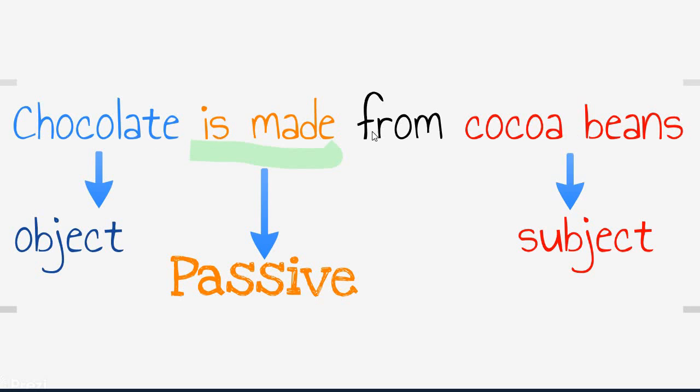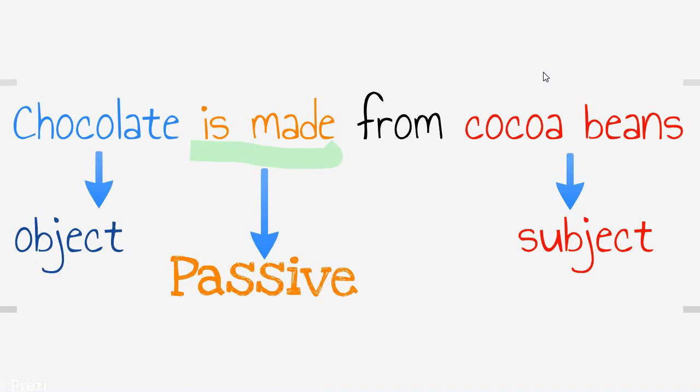Chocolate is made from cocoa beans. So my object came at the beginning. The verb that was in the present is changed. How? I added verb to be, is, and then I added the verb in the past participle. Make, made, made. Then I added the preposition from, and then I added the subject. This is what we call a passive form.